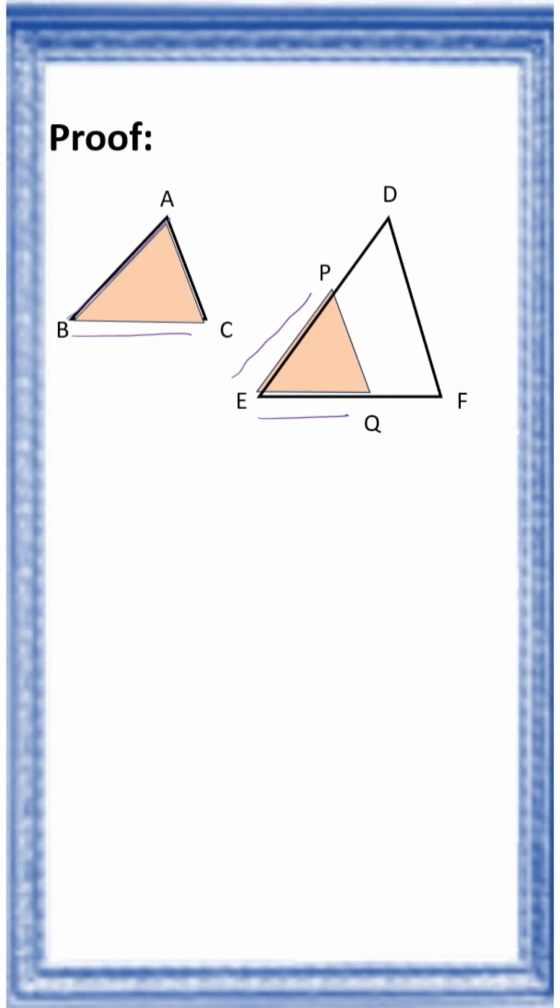How? DP by PE, the same ratio that we have written earlier. DP by PE is equal to here QF by EQ. Look at the figure now and then and write.